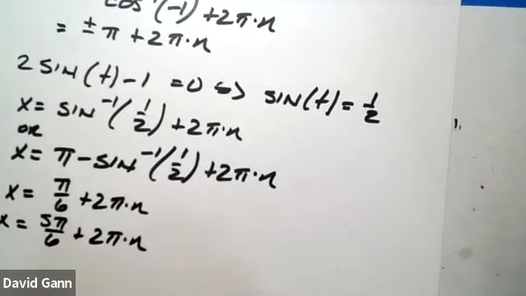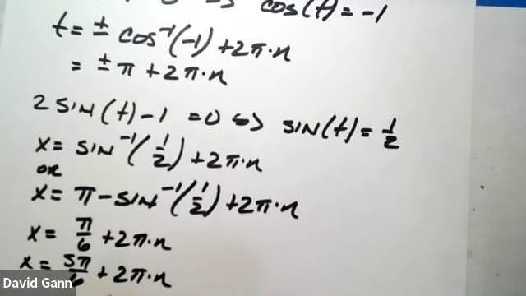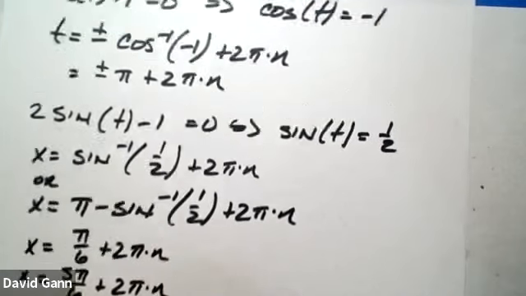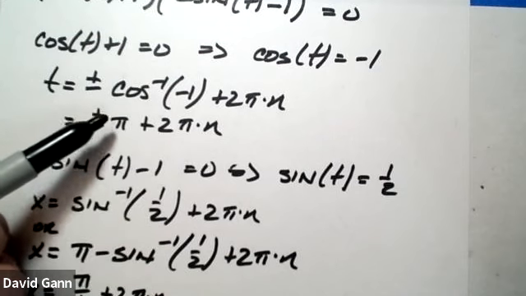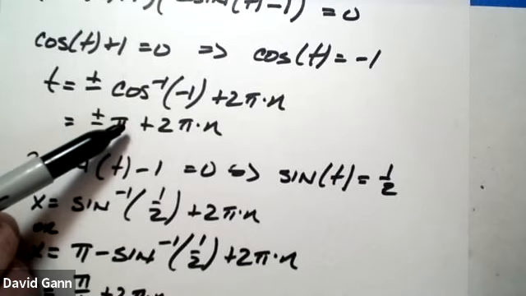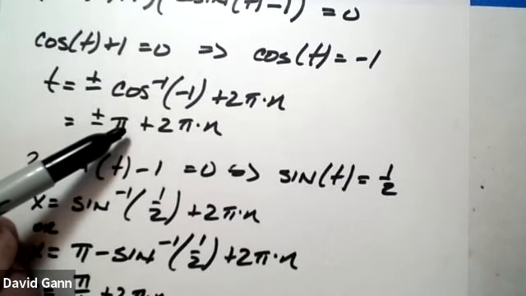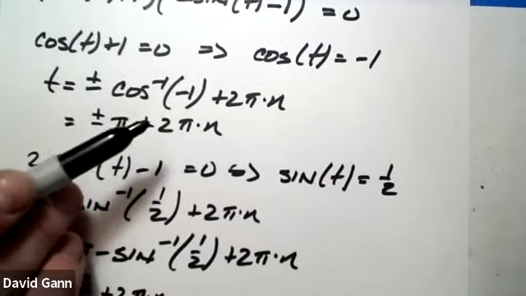Okay, and so now if we try to find all the values that work, note that we don't actually get any unique solutions from this. There's only one angle and its coterminal angles, because if you take plus pi, how is that different from minus pi? Well, they're coterminal to each other.